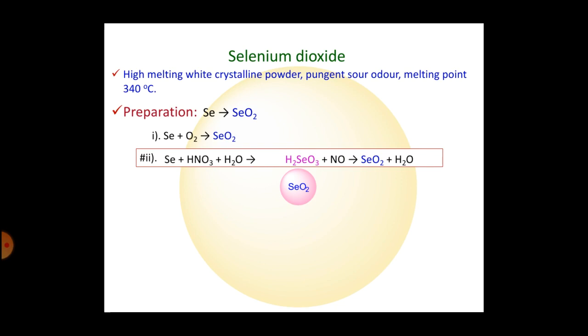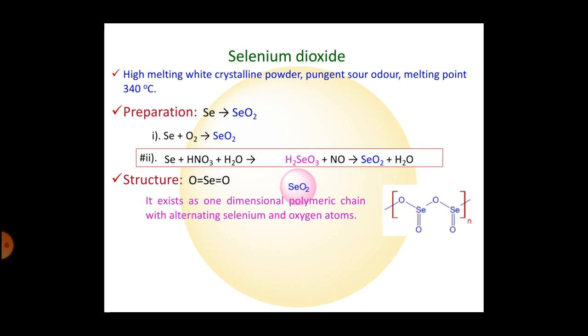Now come to see the structure. It is simply represented as a linear structure, oxygen double bond selenium double bond oxygen, but actually it exists as a one dimensional polymer with alternate selenium and oxygen atoms.